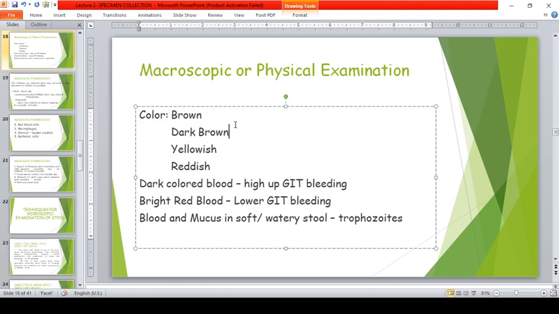And the presence of blood should always be reported. Okay? Because it may indicate the presence of bleeding. Kapag dark-colored blood, actually, minsan, hindi mo naman mapapansin yung dark, as long as kapag sobrang dark na ng stool mo. Or even if the stool is very dark or the blood is dark colored, most likely it indicates an upper gastrointestinal bleeding.